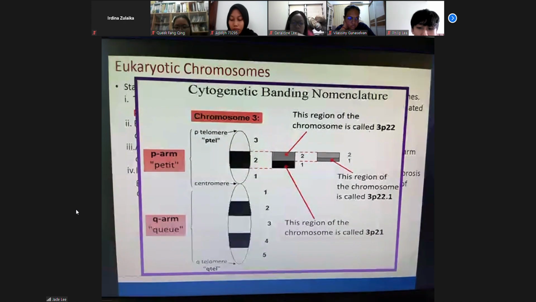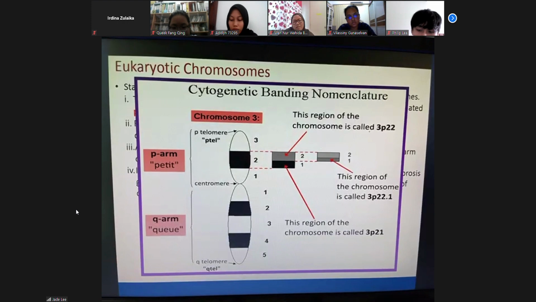Di atas ni yang paling ujung ini is what we call P telomere and Q telomere pada kutub-kutub tu. Kalau dia pada kutub P, kita panggil dia P telomere. Kalau dia pada kutub Q, kita panggil dia Q telomere. Kita nak tahu kenapa kita bagi nombor-nombor macam ni ialah untuk kita senang nak tahu di mana posisi gene. Kita nak tengok lokasi gene itu.